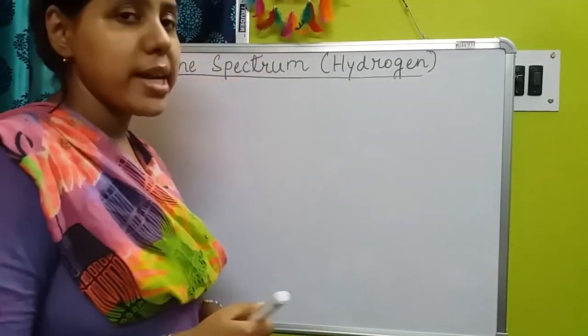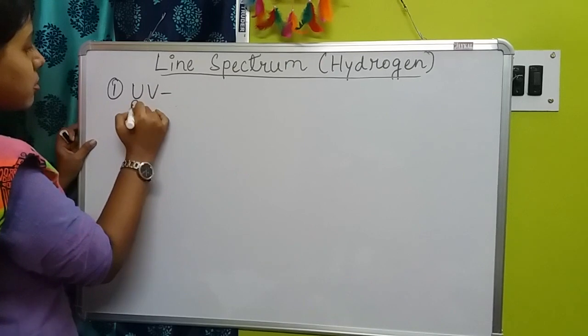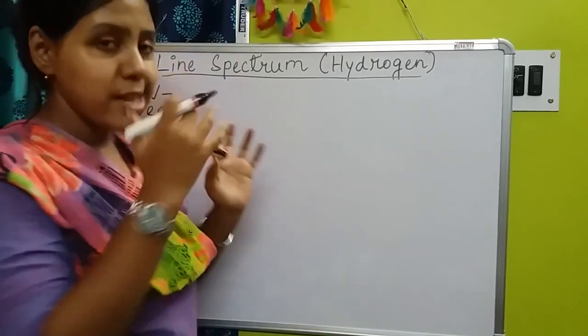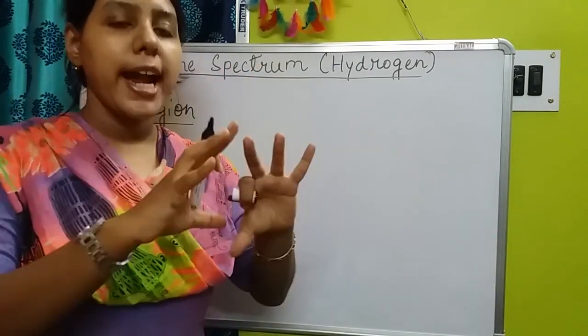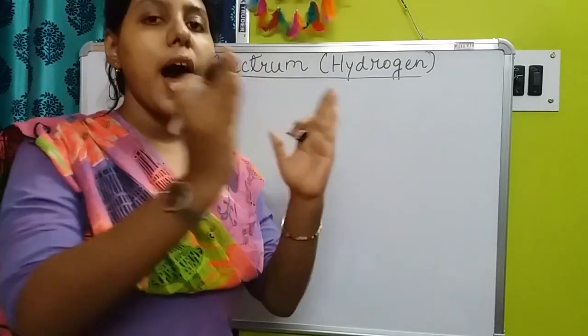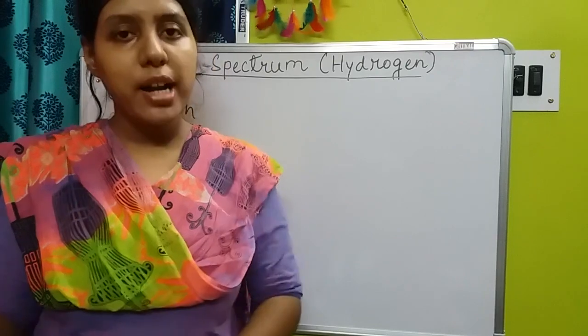Now we come to the application of this. The first region is the ultraviolet region. As we have discussed, the hydrogen spectrum has three regions: first the ultraviolet region, then the visible region, and then the infrared region.